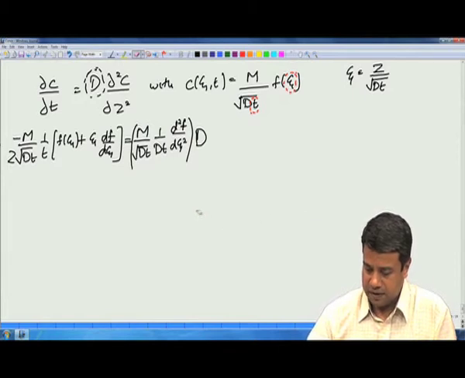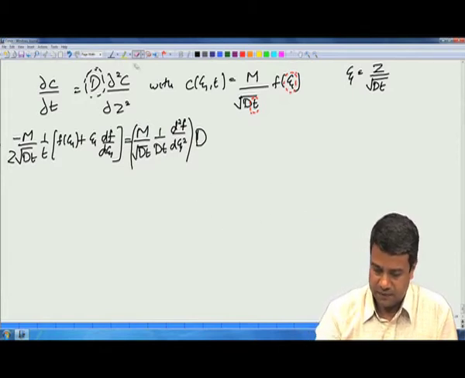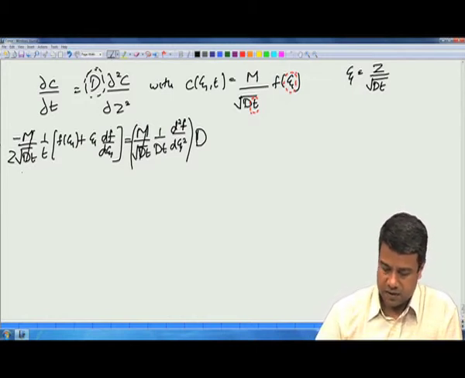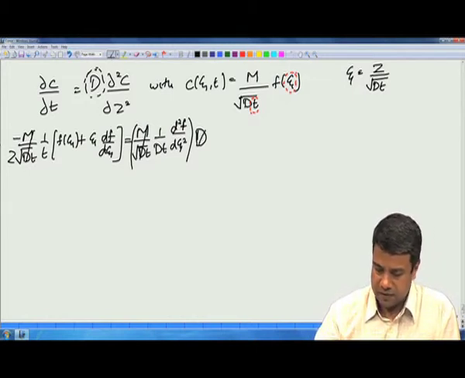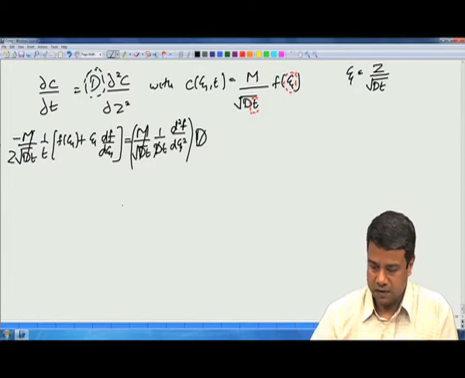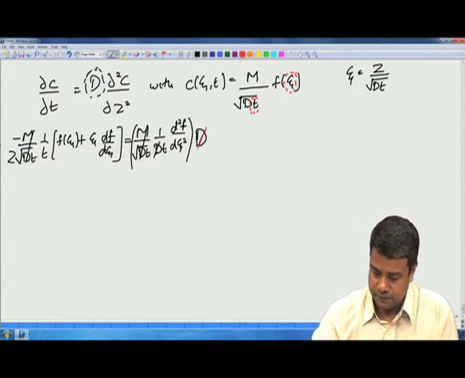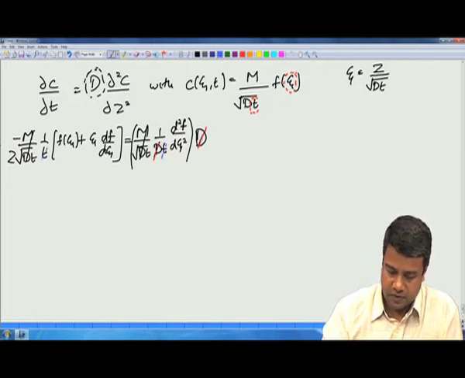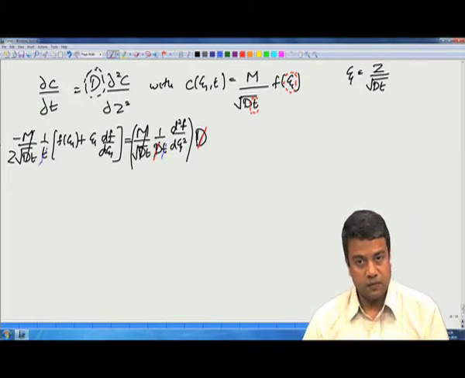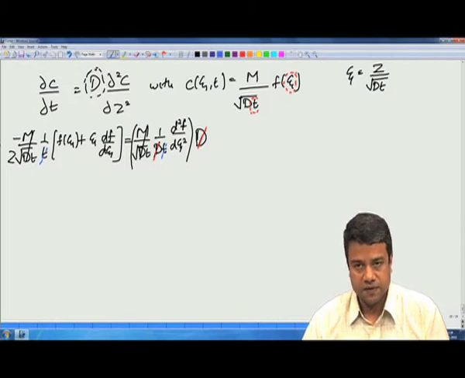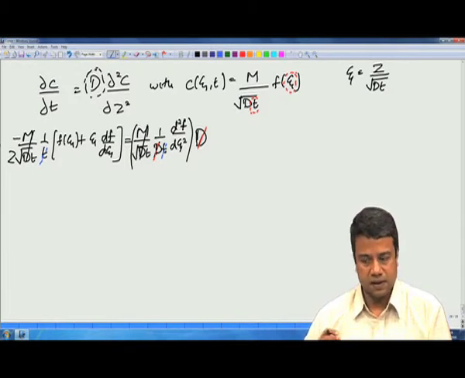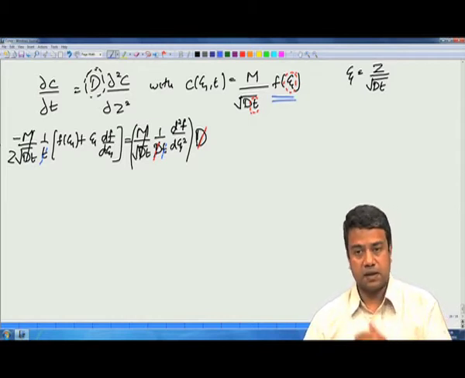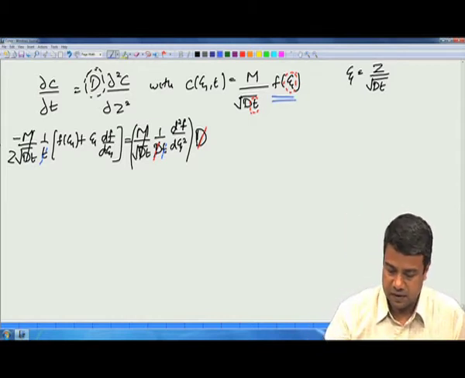You can very well see that in this case as well, this m by root Dt will cancel out on both sides. This diffusion coefficient cancels out, and the 1 over time cancels out on both sides. I end up with an equation which is a function of psi alone. This equation is now in terms of the function f, but the resulting equation depends only upon psi.